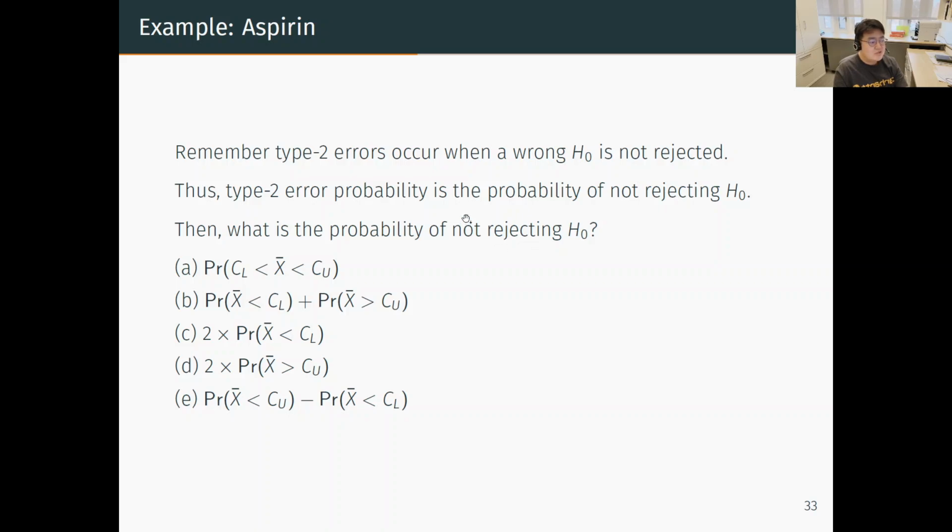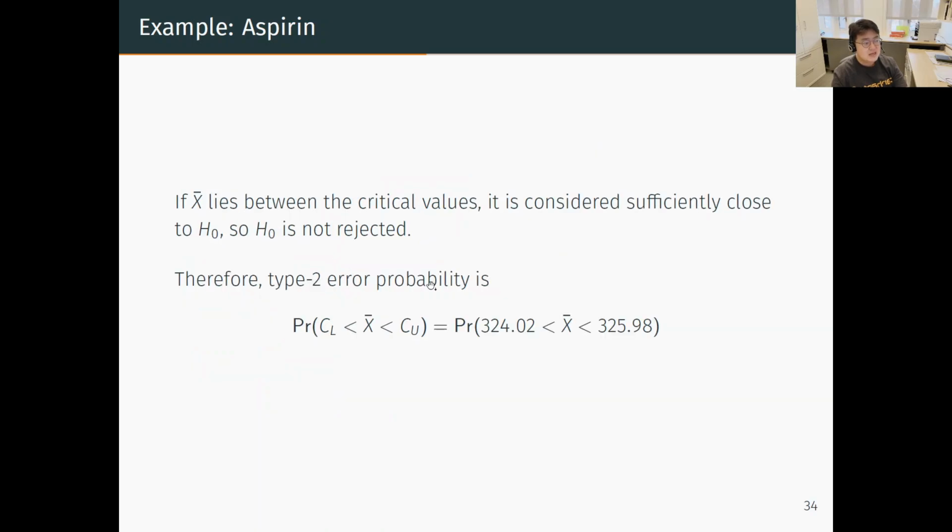To not reject the null hypothesis, your observed sample average must be between the lower critical value and the upper critical value, right? So the answer is A.